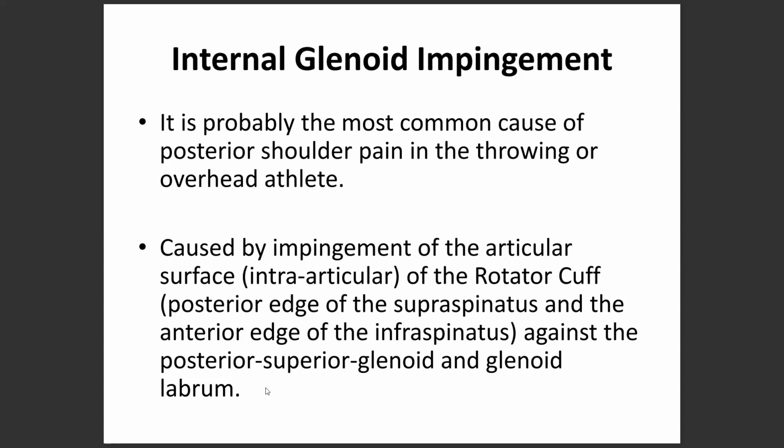This internal glenoid impingement may be caused by impingement of the articular surface of the rotator cuff, specifically the posterior edge of the supraspinatus and the anterior edge of the infraspinatus, against the posterior superior glenoid and glenoid labrum. In this impingement syndrome, there are chances of impingement of both the supraspinatus and the infraspinatus.